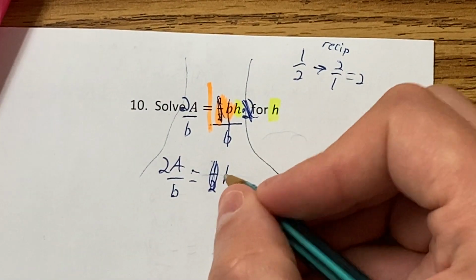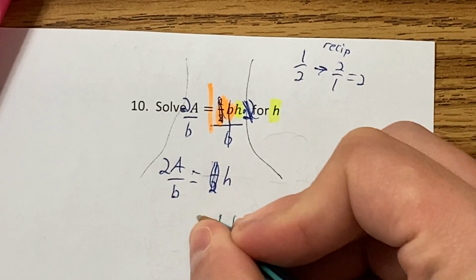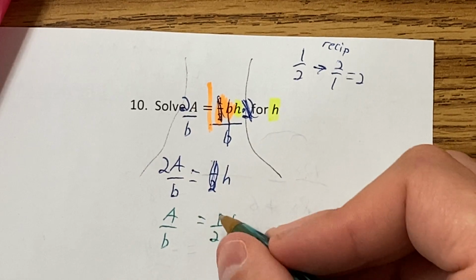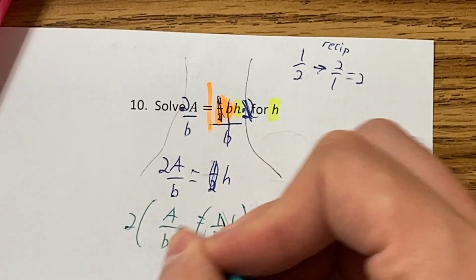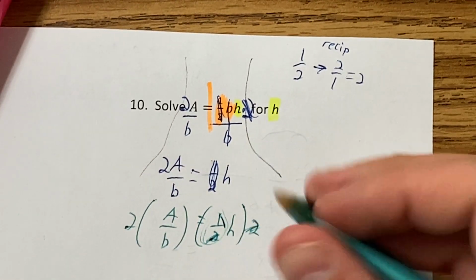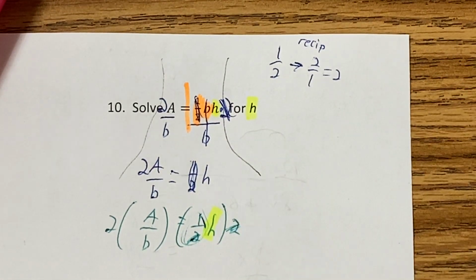So once again, if you have a 1/2, then the way you get rid of a 1/2 is to multiply it by 2. Because then the 2's will cancel, and all you have left is the h.